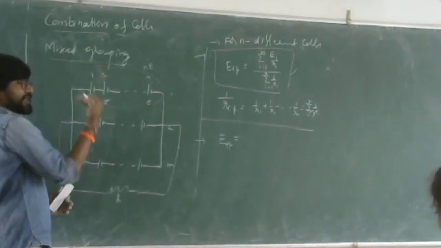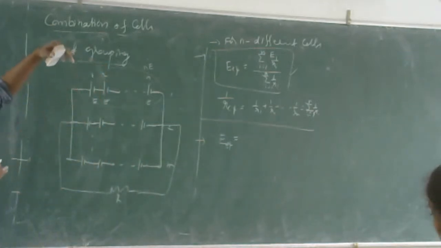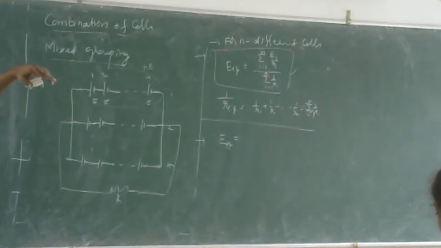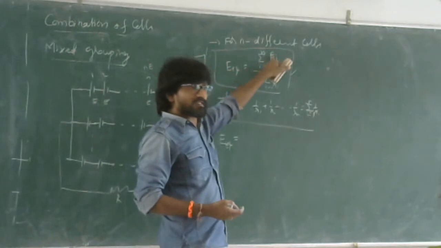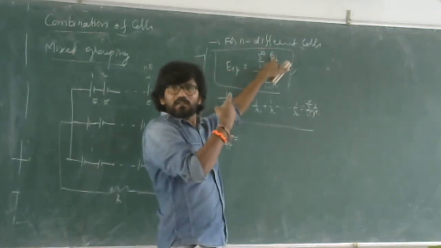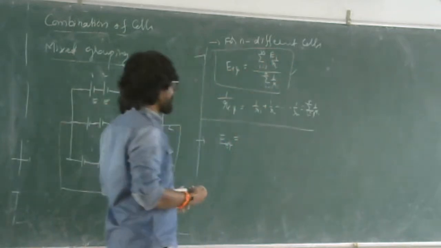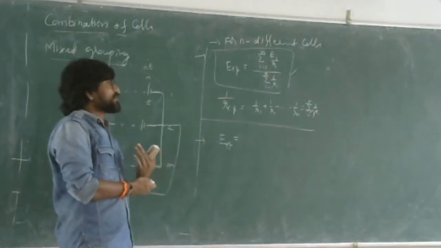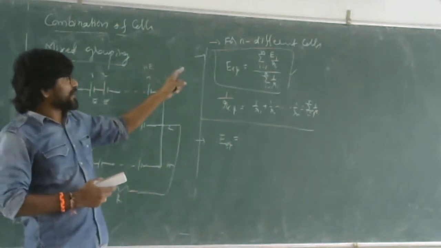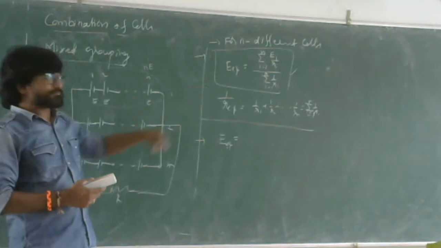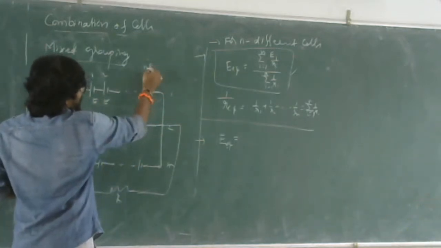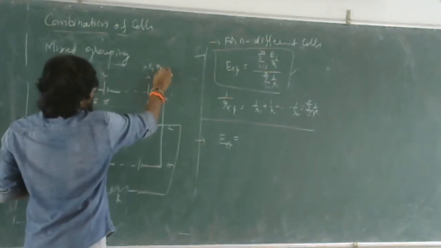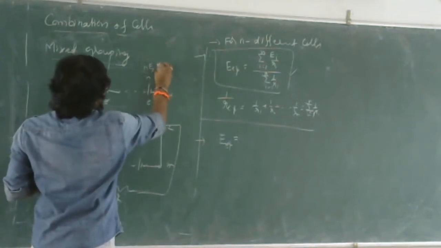So nE are connected m times in parallel. I have discussed it there, when m cells are connected in parallel. But here m sets we are taking. In such case, you can say effective EMF is nE and equivalent resistance is nR by m.